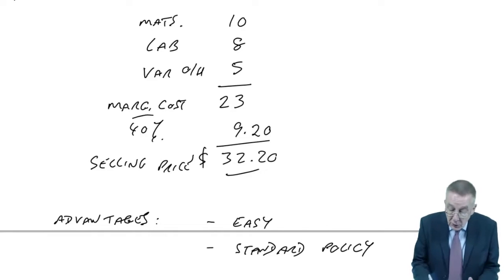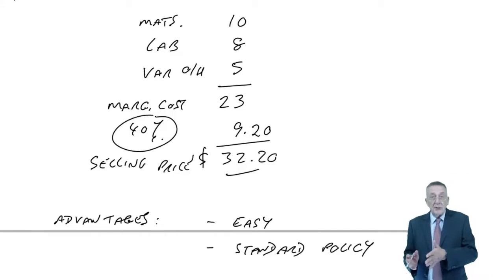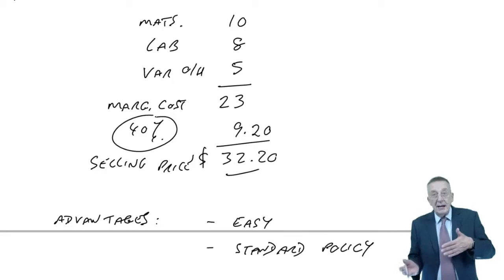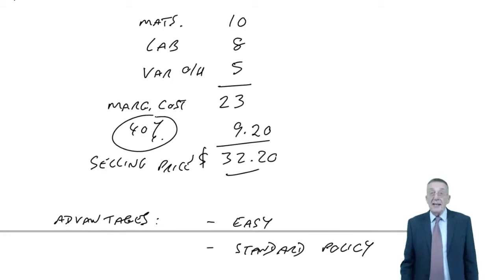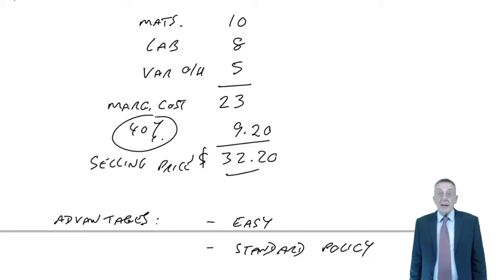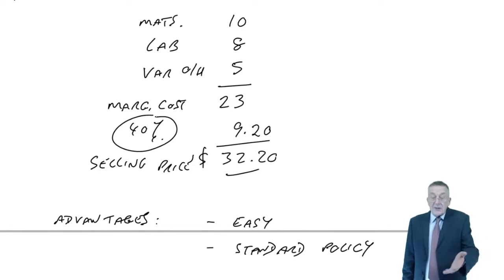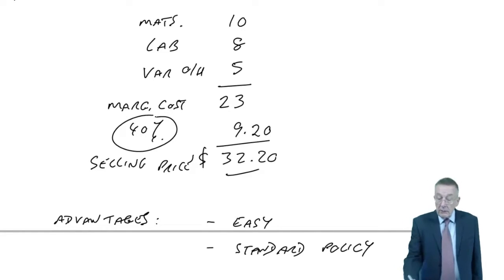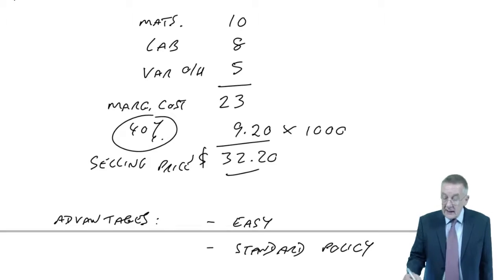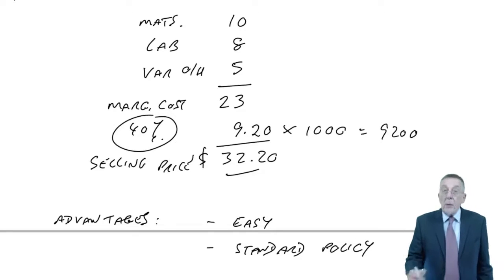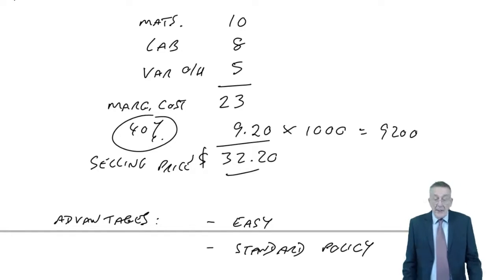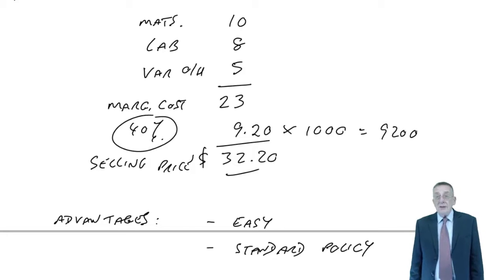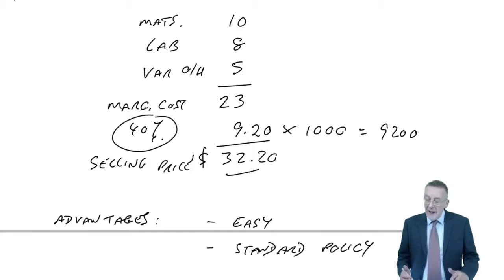So we have to make sure that the percentage we charge is going to be enough to cover the fixed overheads to make sure we do end up making a profit. If we only sell 1,000 units, we get 1,000 at $9.20. But when we come to subtract the fixed overheads, we've made a great big loss. And so the fixed overhead problem hasn't gone away.